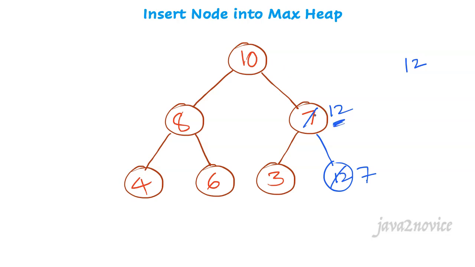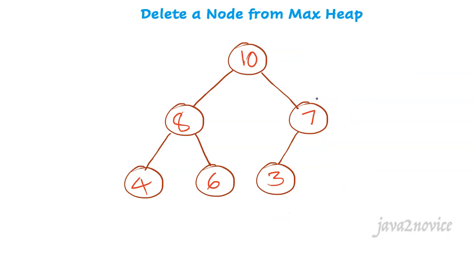Since 12 is bigger than its parent 10, let's swap them. 10 will be here, 12 will be here. Now we reached the root node and also this tree is following the max heap property. So this is how we can add an element into a max heap. The time complexity to insert an element into a heap is log n.